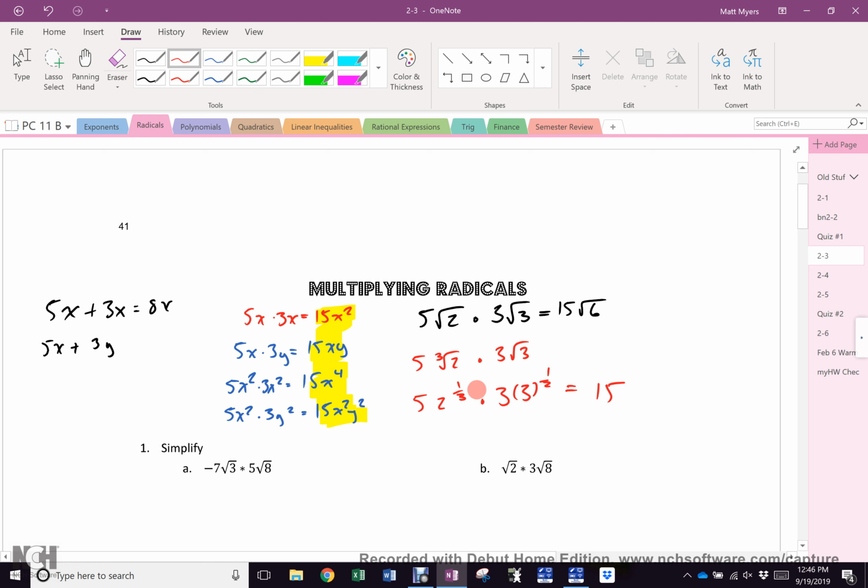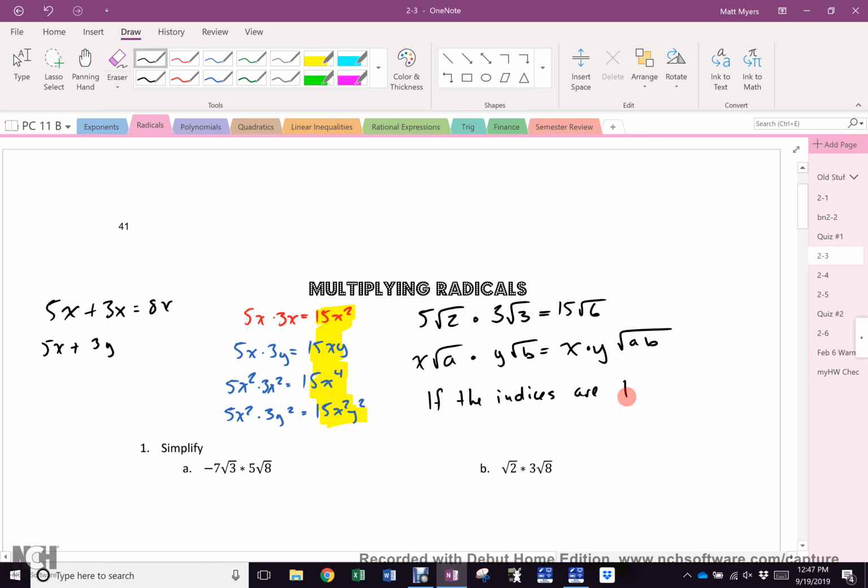Everybody cool? Now I'm going to show you a wrinkle to that in a minute. So, of course, the rule is x root A times y root B is x times y root A times B if the indices are the same.